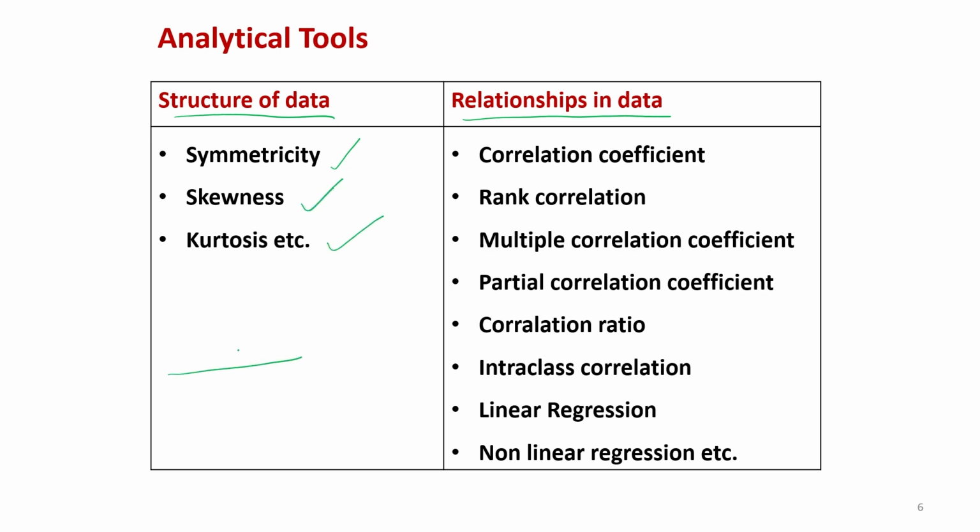Symmetry means, for example, if the curve is like this, it is symmetric. Whereas if more data is concentrated on the left side and less data on the right hand side, or less data on the left hand side and more data on the right hand side, this is called skewness. So we want to study this type of behavior of the data that is really happening.